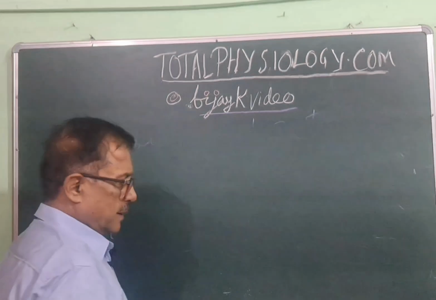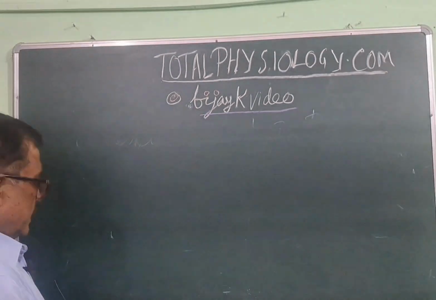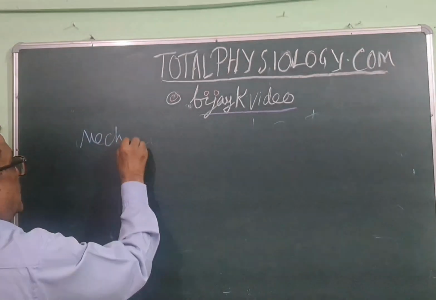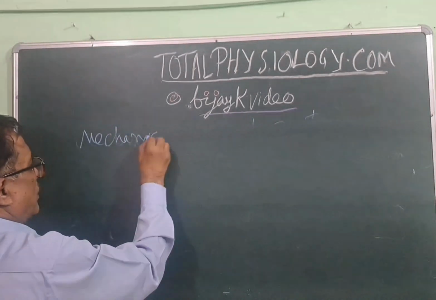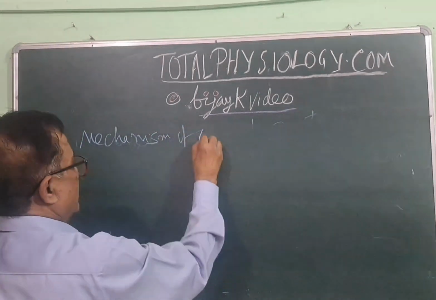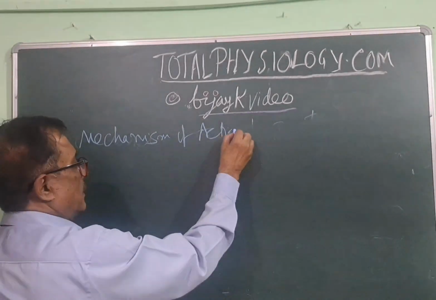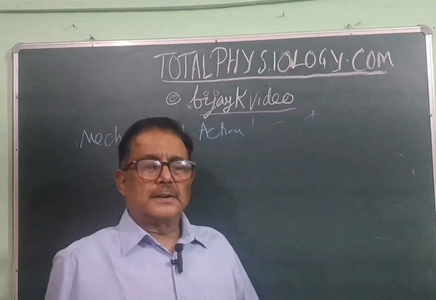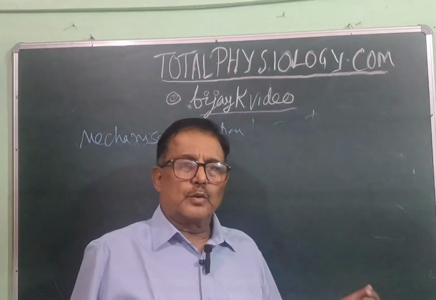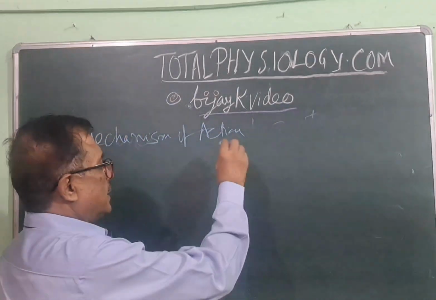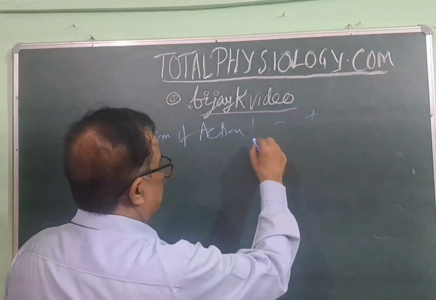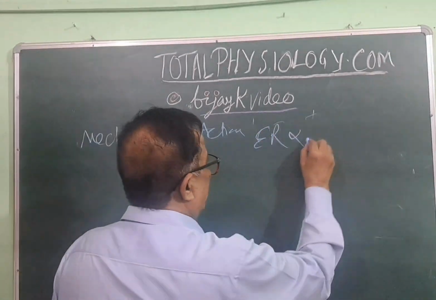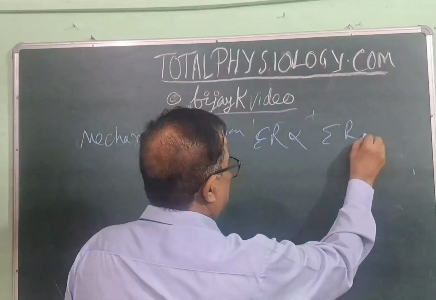Now coming to mechanism of action. This is a steroid hormone, therefore it enters easily into the cell. It goes to the cytoplasm where there are two types of receptors, estrogen receptor alpha and estrogen receptor beta.